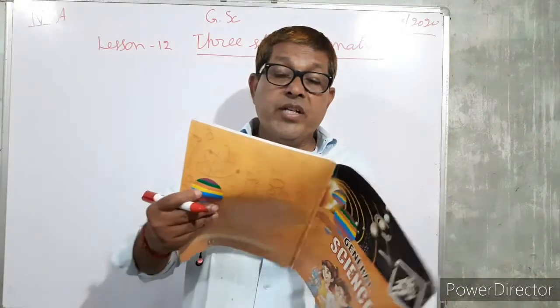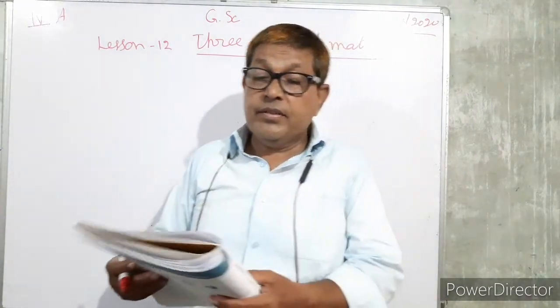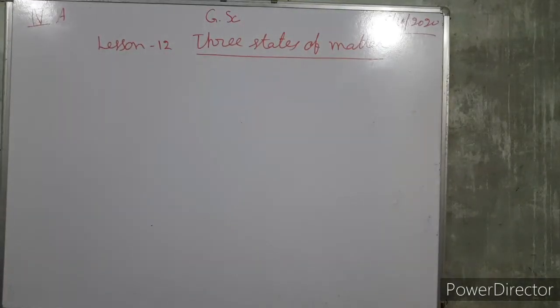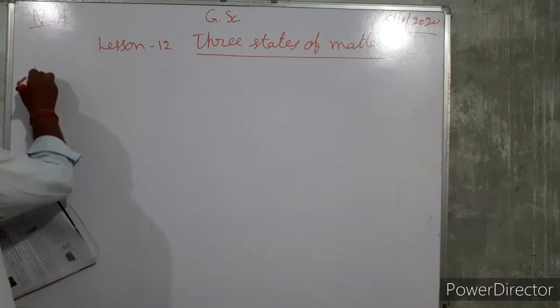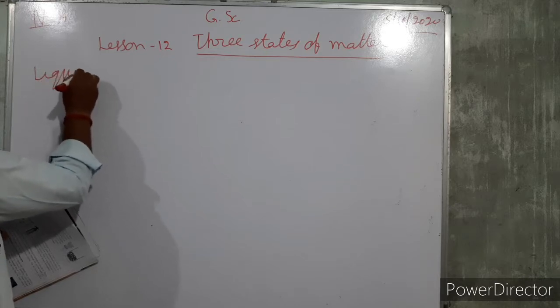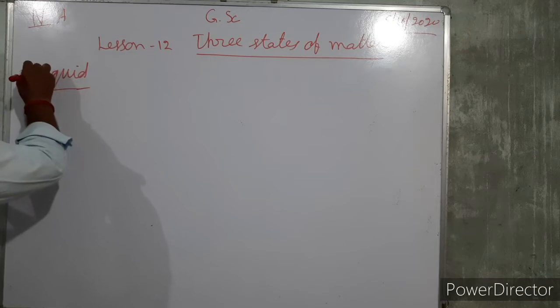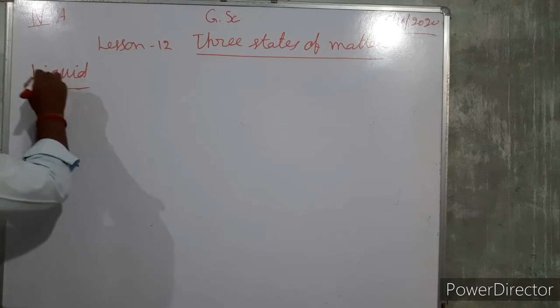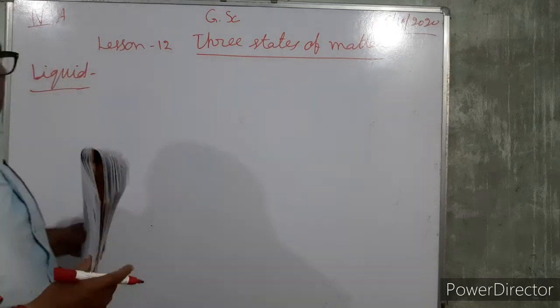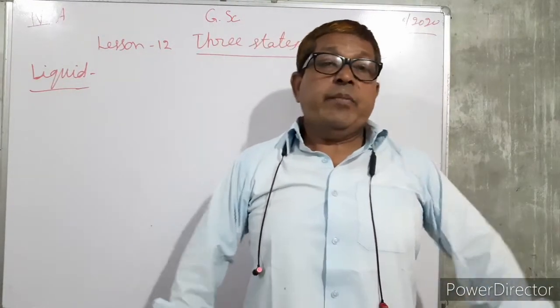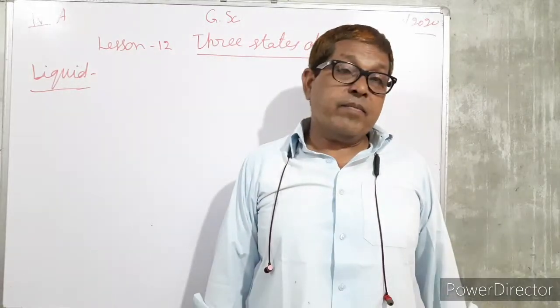We will study about the solids. So today we are studying about the liquid. Liquid has a size or volume. First, we have to take some examples of the liquids so that it will be easy for understanding.